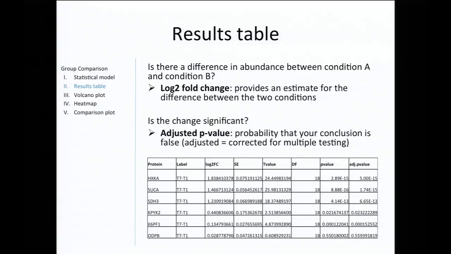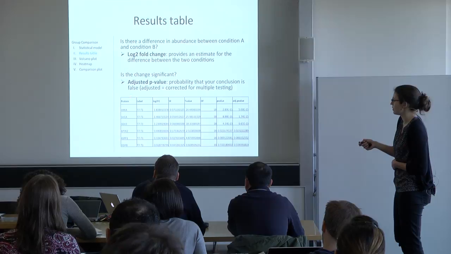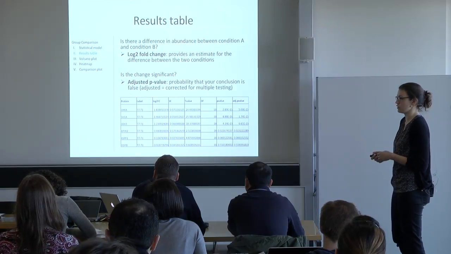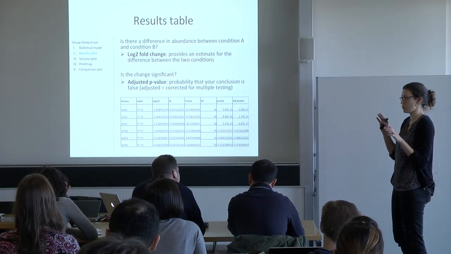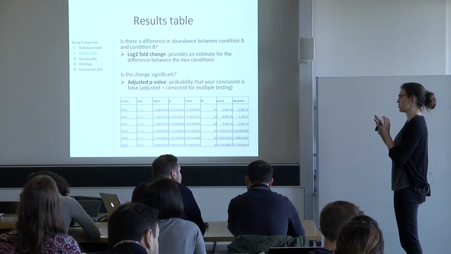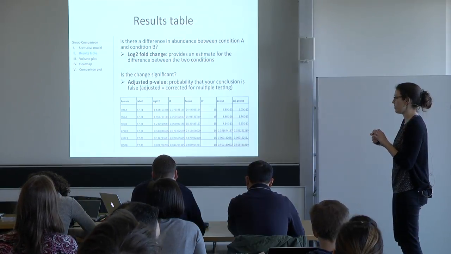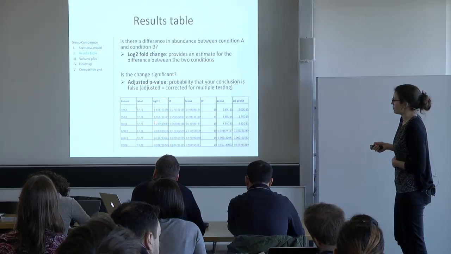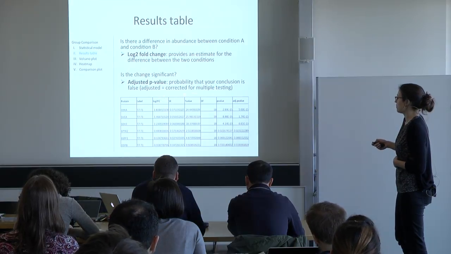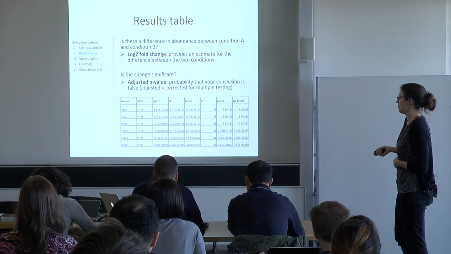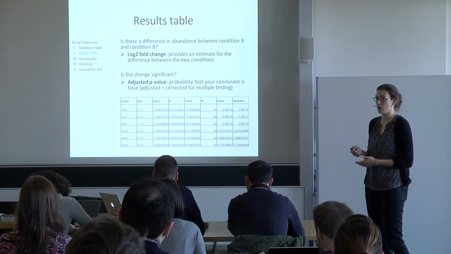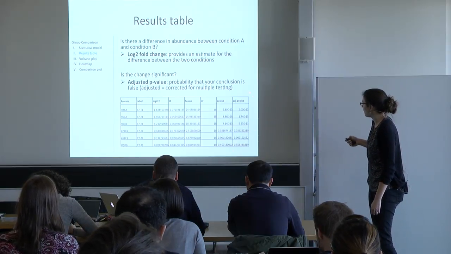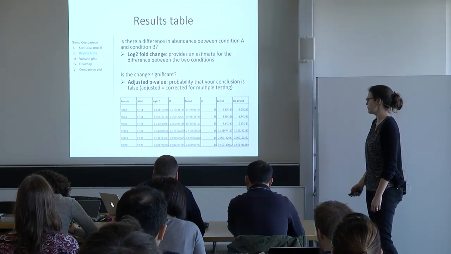What you can see down here is an example output table from MSstats, where you have the protein identification, the label, which specifies the two conditions you are currently comparing. Then you have the log 2-fold change, some values concerning the linear mixed model, and important for you again is the adjusted p-value.